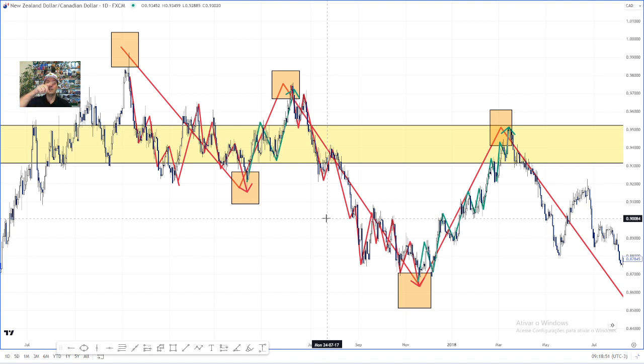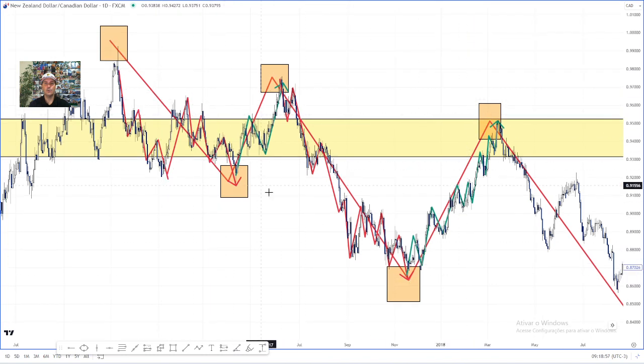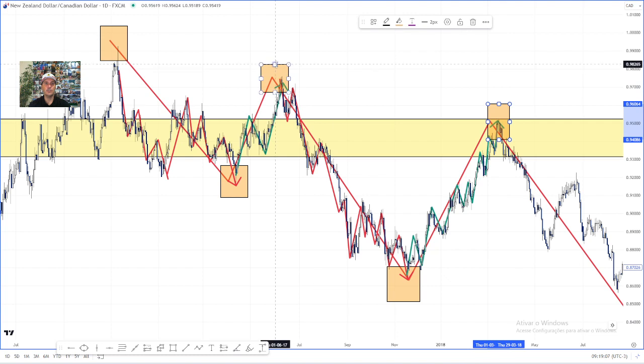The market, in order to move, it must wave. And the relevant highs and lows on NZDCAD daily chart are those ones which are the representation, and you can see it with the naked eye.